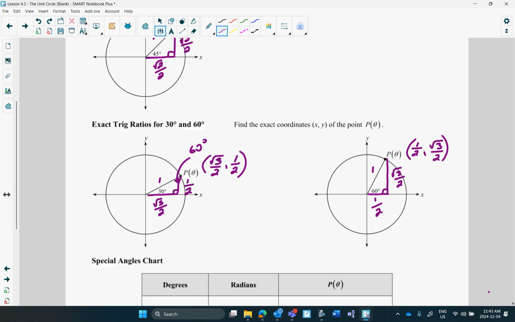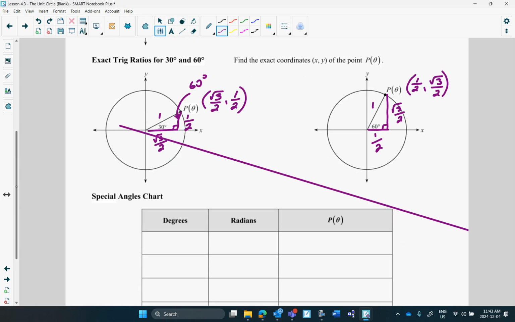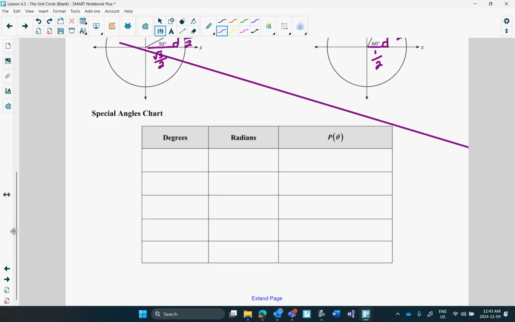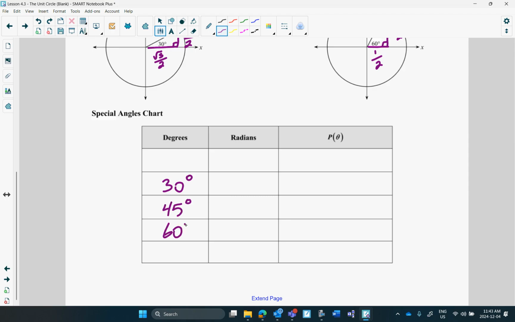Okay. All right. So you now know if an angle is 30 degrees, what point it is on the unit circle. You now know it for 45. You now know it for 60. And those were ones we learned last year. So we know 30 degrees, 45 degrees, and 60 degrees.